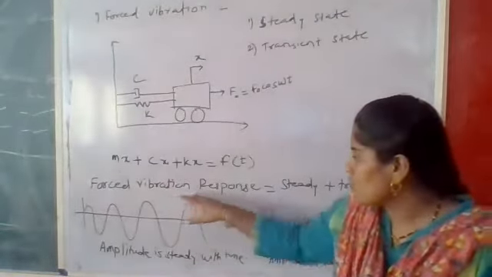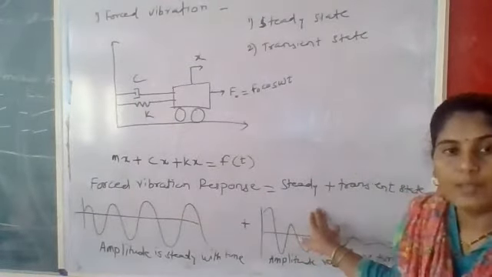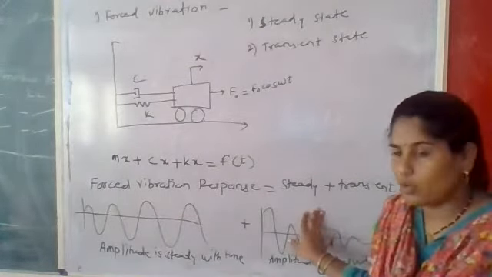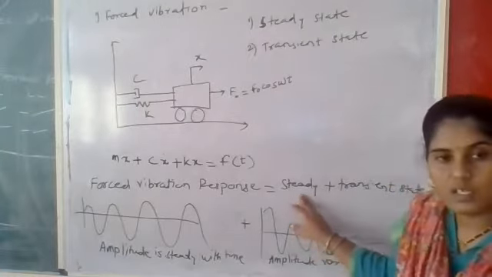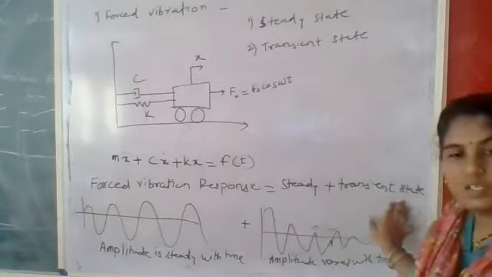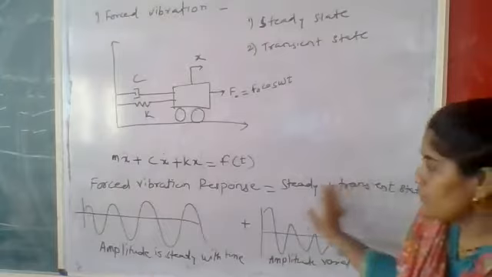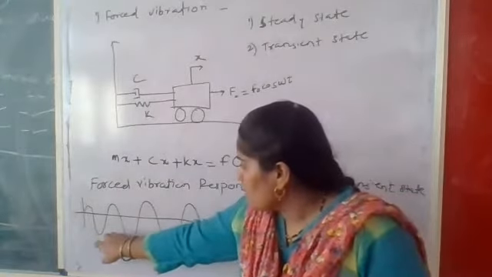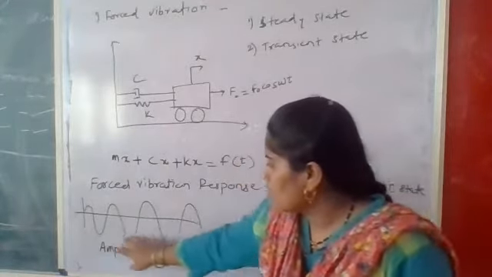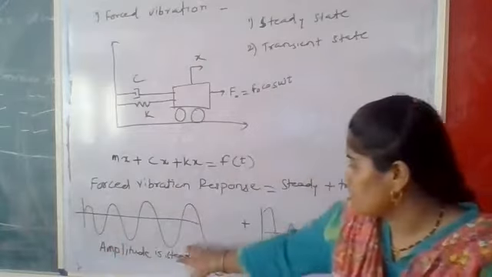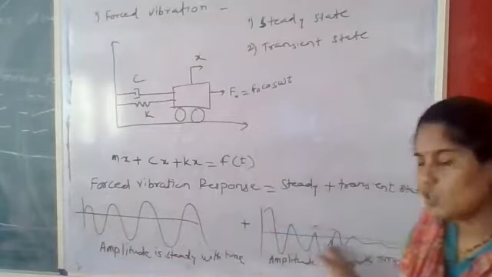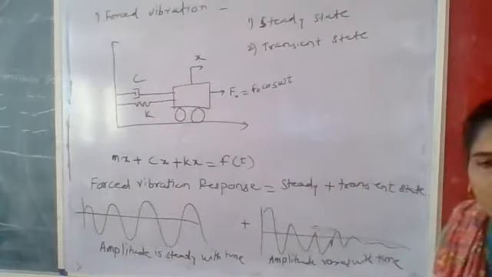But in forced vibration, two types of responses will occur. One is the steady state response, and the second one is the transient state response. If forced vibration occurs, the vibration is the addition of these two: first the steady state, and then the transient state.